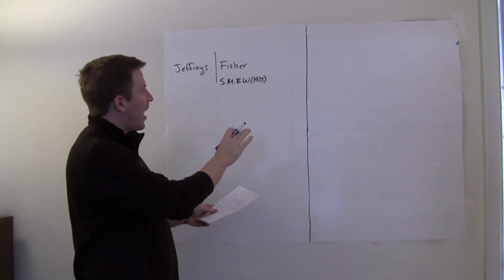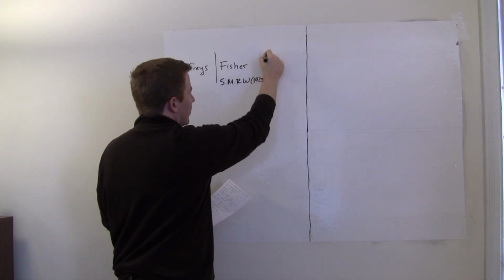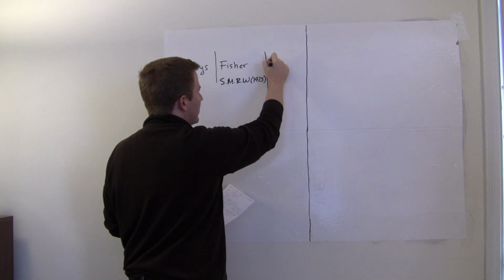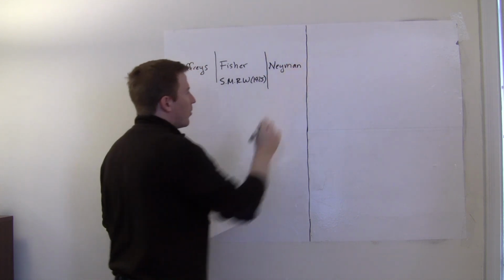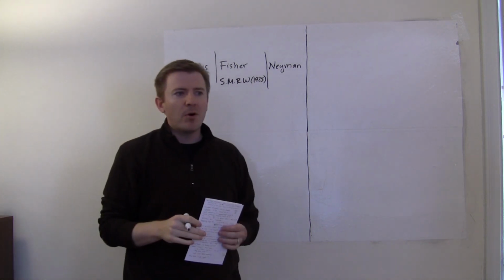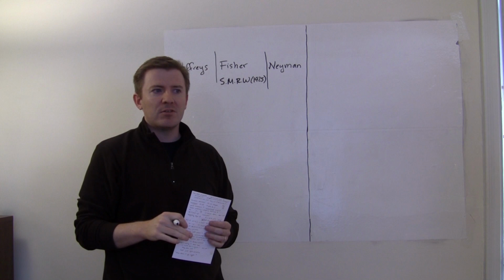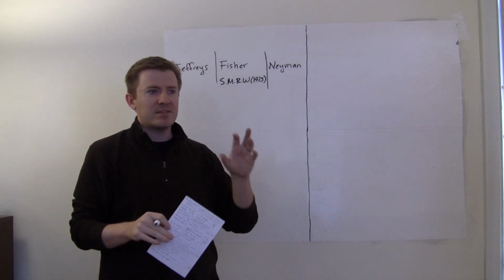He, in turn, had some disagreements with some other statisticians, in particular a mathematician named Jerzy Neyman, who we've mentioned before. He was a Polish mathematician who spent a good part of his career at the University of California in Berkeley, and was very interested in mathematics and statistics.